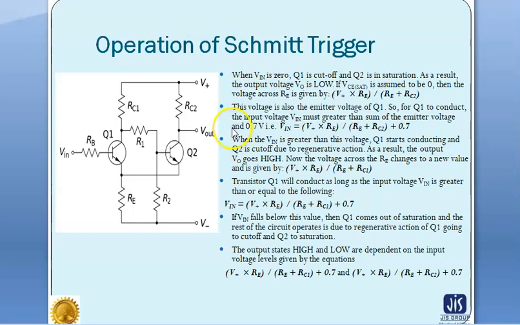If we consider the collector to emitter voltage to be 0, then the voltage across RE will be V plus divided by RC2 plus RE, multiplied by RE. So the voltage across RE is V plus into RE divided by RC2 plus RE. This voltage appears at the emitter of transistor Q2.